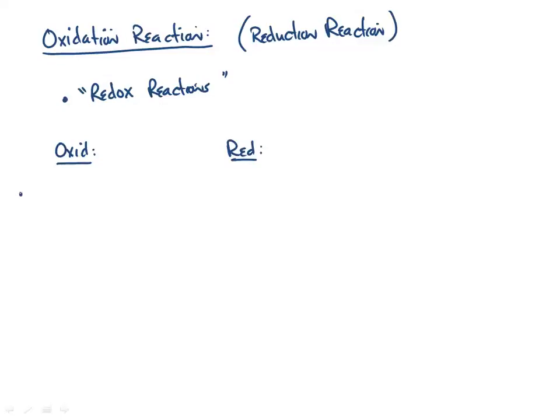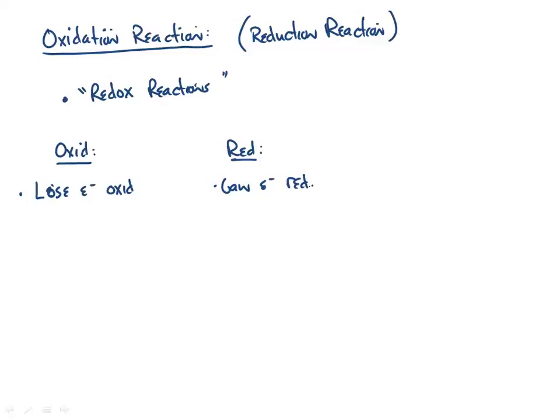And the technical definition of them is, let's see, make sure I get this, OIL RIG. Leo the lion goes GER. So this one is lose electrons, oxidation. And this is gain electrons as a reduction.